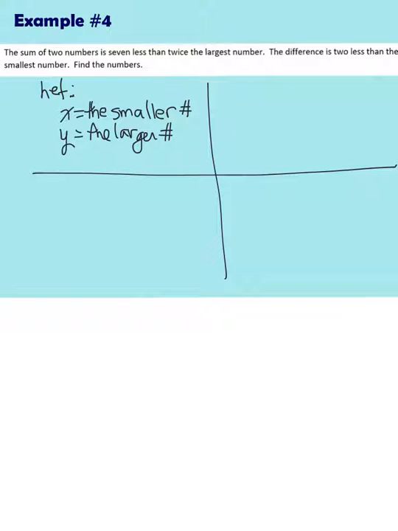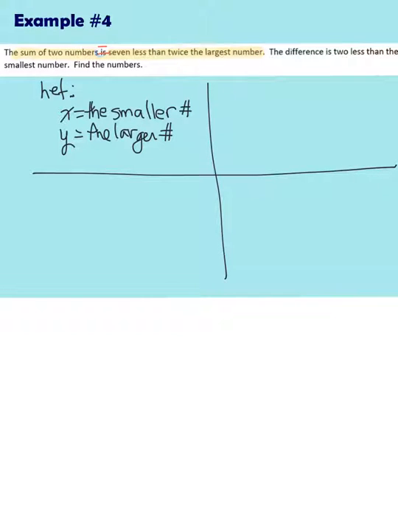Then let's read our problem. We have the sum of two numbers is 7 less than twice the largest number. So we're going to use that to write our first equation. Again, our equals is where the word is. So here's my equals.